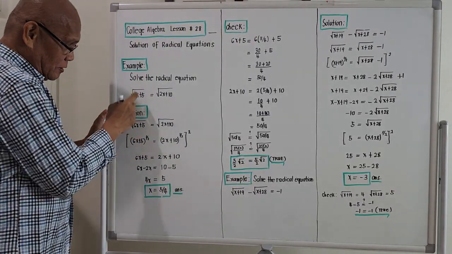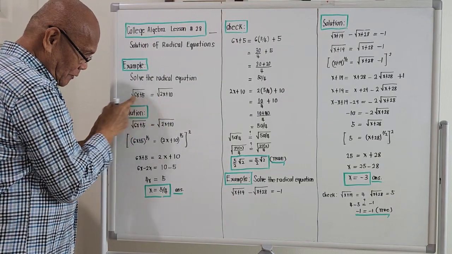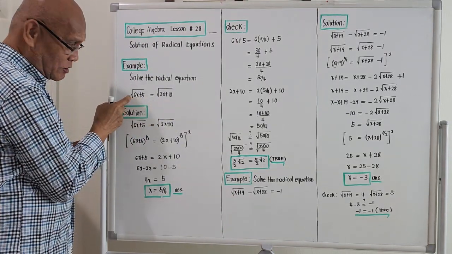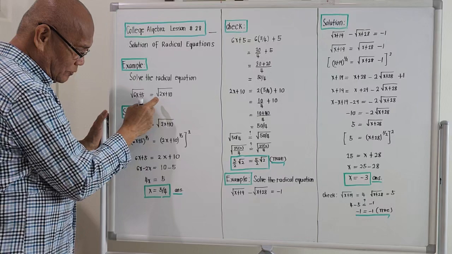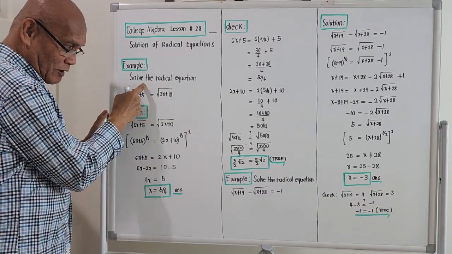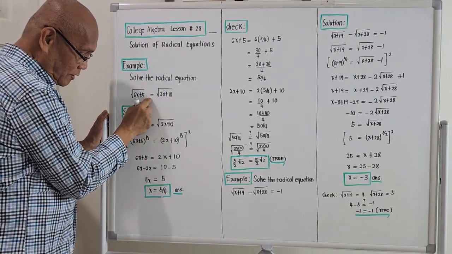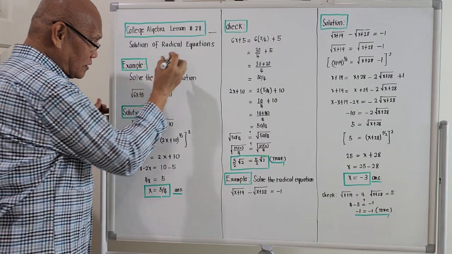Example: solve the radical equation. We are given the square root of 6x plus 5 equal to the square root of 2x plus 10. We have a radical sign on the left hand side, a radical sign on the right hand side, and an equality sign, so we have a radical equation.